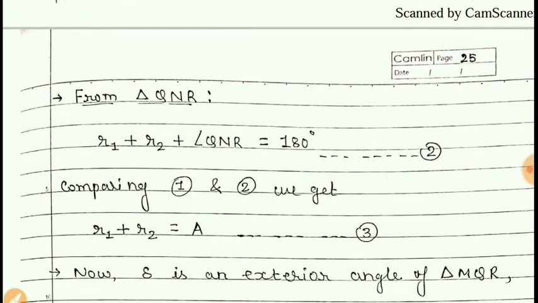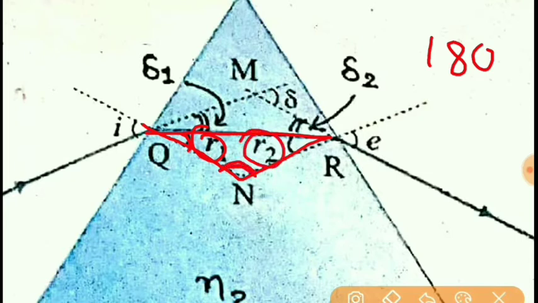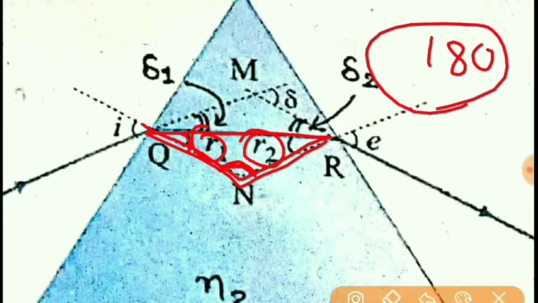Now in triangle QNR, we know that the sum of all the three angles of a triangle is 180. And so here we can write R1 plus R2 plus this angle, that is QNR, is equal to 180.